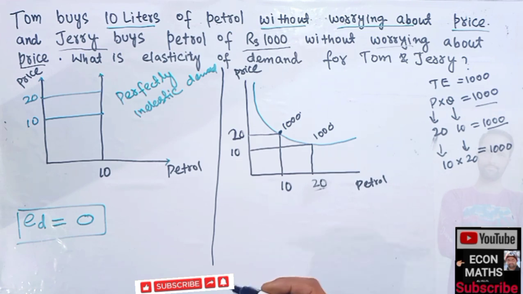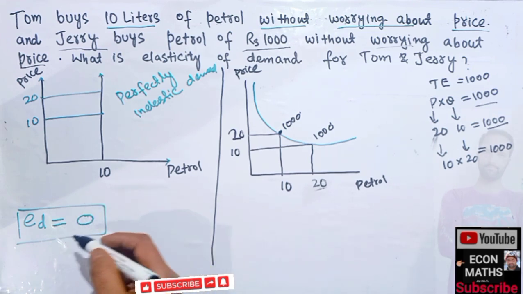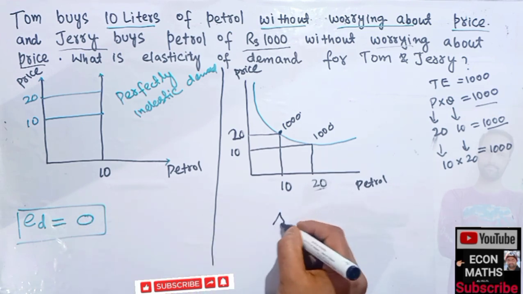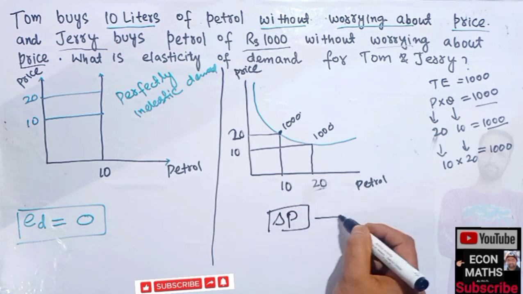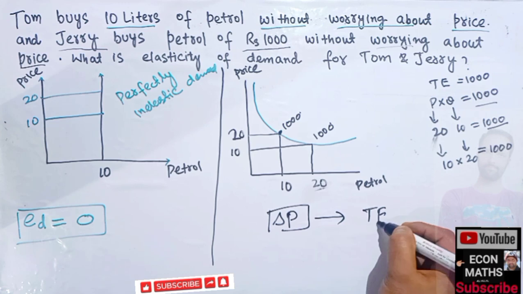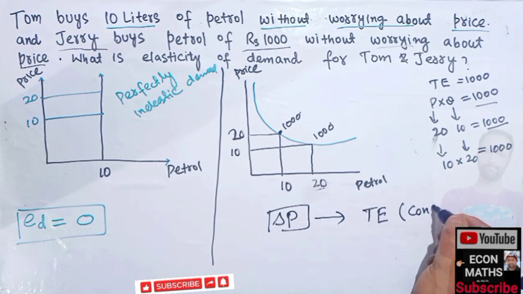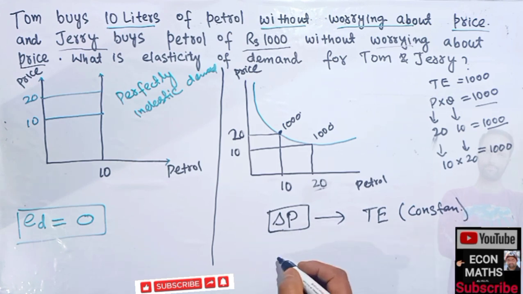If with change in price total expenditure remains constant, we say we have a unitary elastic demand. So in this case, elasticity of demand will be minus 1.